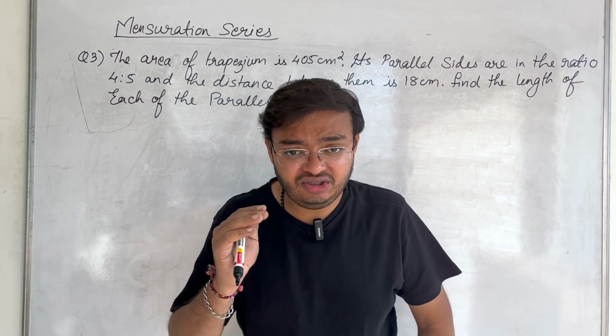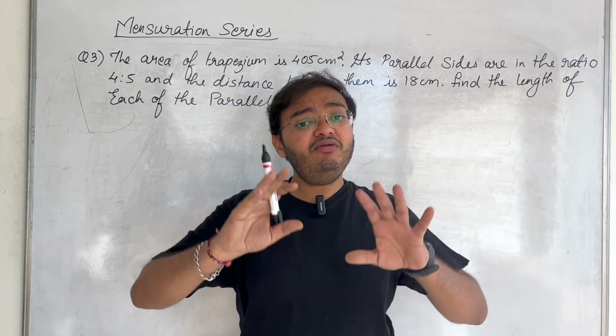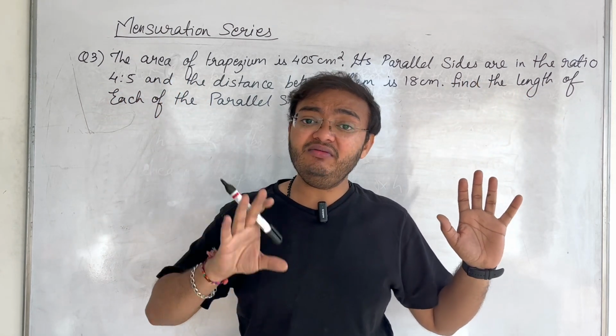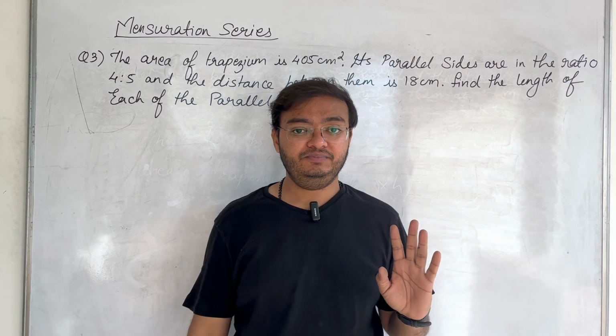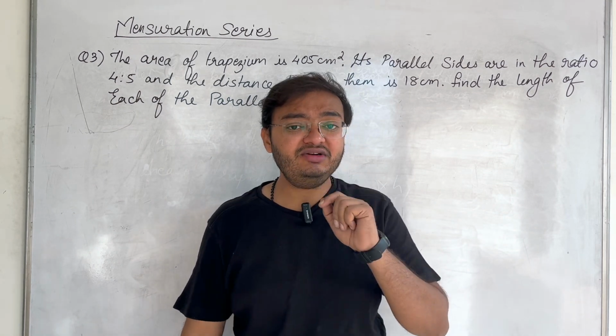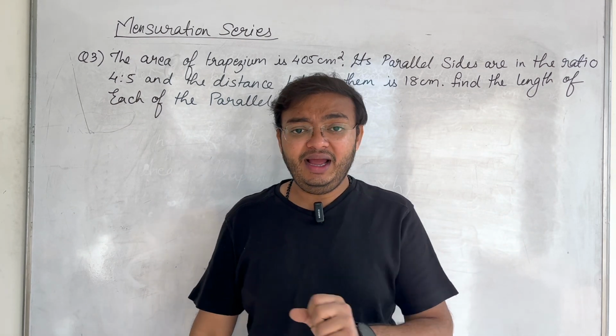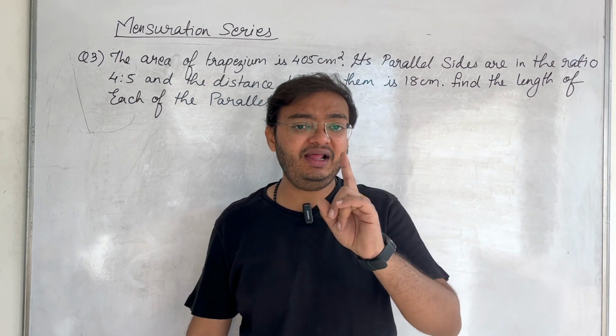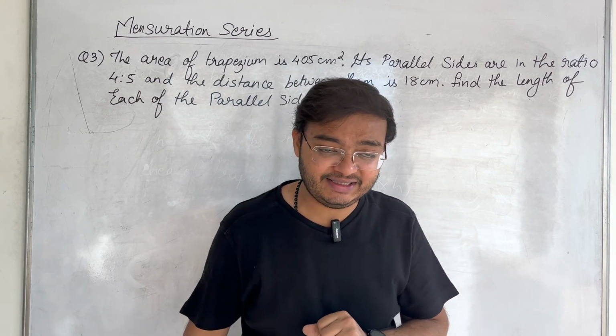These are the ratios. That means whatever the actual length of the parallel sides would be, it has been converted into the lowest form and written over here. That is known as a ratio. Now if a ratio is given, no need to worry, just represent those ratios with the variable x.